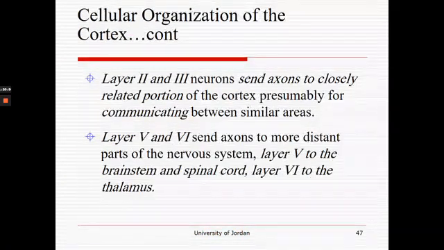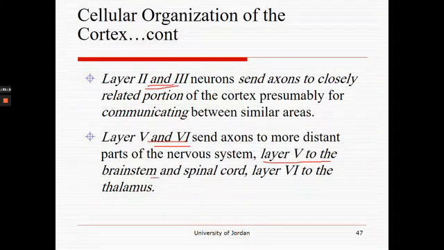Layer 2 and 3 neurons send axons to closely related portions of the cerebral cortex, presumably for communication between similar areas. Layers 5 and 6 send axons to more distant parts of the nervous system. Layer 5 goes to the brainstem and spinal cord, and layer 6 goes to the thalamus.